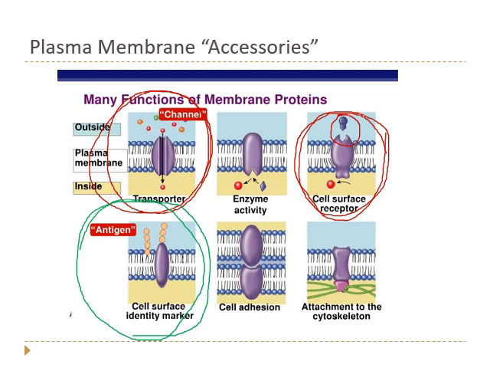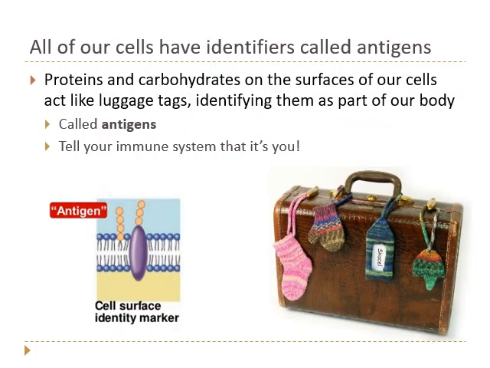So these are like little name tags on the surface of our cell. So you can think of them kind of like luggage tags or name tags that you might stick on if you go to a conference once coronavirus is over and we can have conferences again, right? And they're usually made out of proteins or protein and carbohydrates together called glycoproteins.